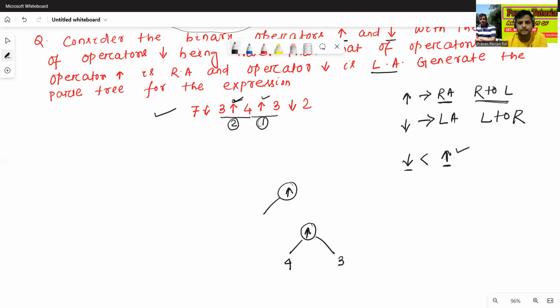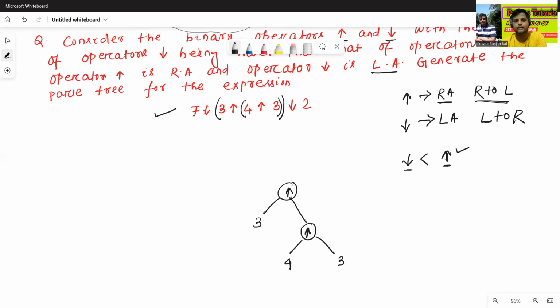So this is 3. We can also write it like this, using brackets. First we'll evaluate this part, then this part. So we just simply connect.